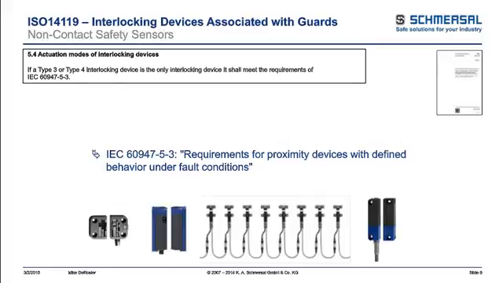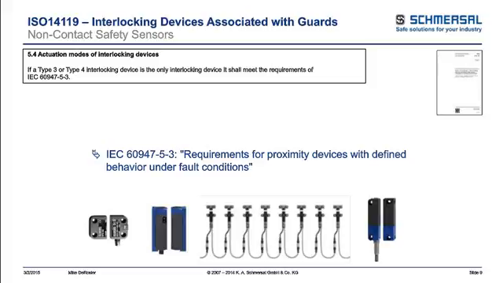Something else that gets into in there is the actuation modes. When you use the Type 3 or Type 4 devices, they have to meet the requirements of IEC 60947-5-3. What you see is -5-1 deals with mechanical switches, 947-5-3 deals with non-contact or proximity type of devices used for safety conditions.